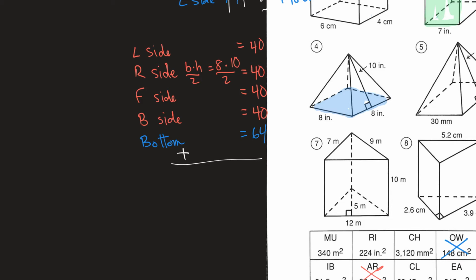This ends up being 4, and 4 times 4 is 16. That's 224, I believe. And hopefully, yeah, I see it right here. So this area is 224 square inches. Okay.